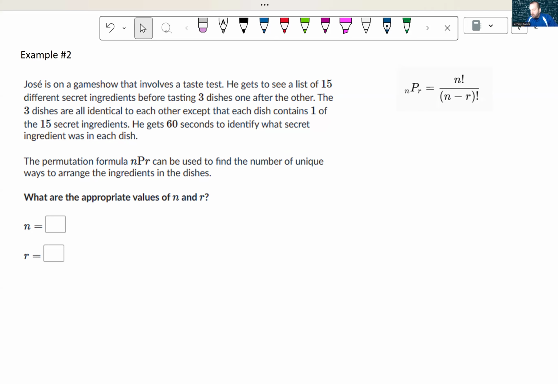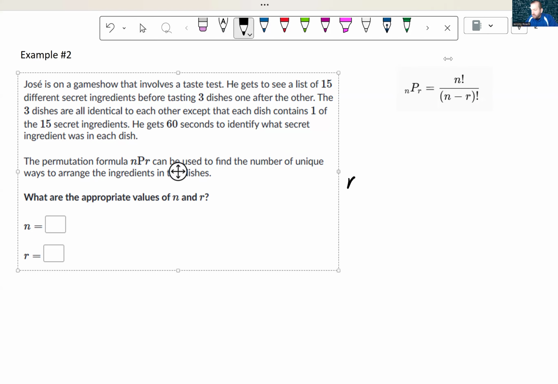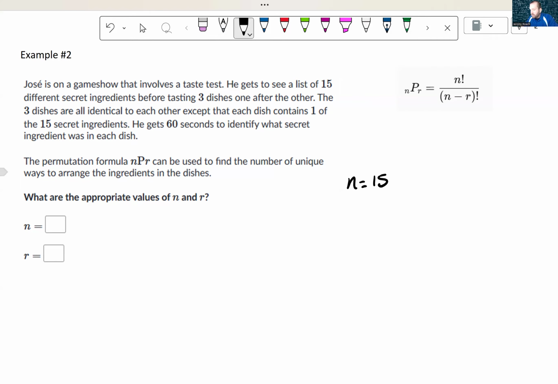And it says we can use permutations to find the number of unique ways to arrange the ingredients in the dishes. What are the appropriate values of N and R? So N is our total. So our total number of dishes is, or excuse me, we have 15 secret ingredients, not dishes. We have 15 secret ingredients.